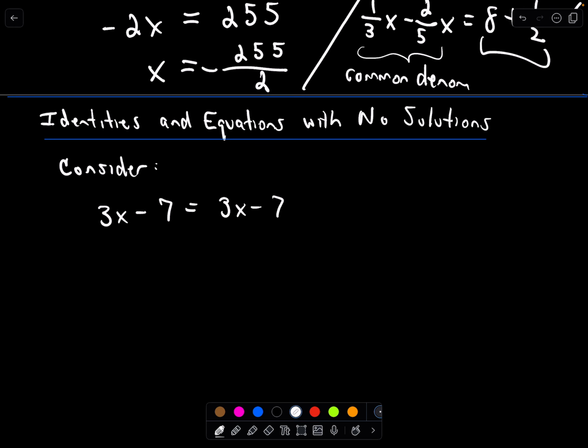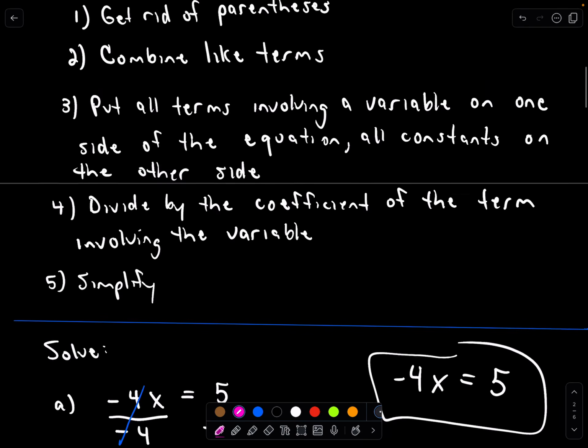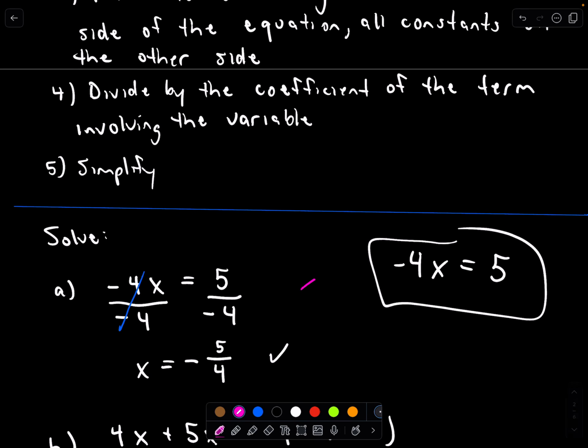So the first thing that we're going to talk about is what's known as an identity. And again, keep in mind what we're trying to do when we're solving these linear equations. For example, when we looked at this linear equation, negative 4x equals 5, we're thinking, what number can I replace the x with so that when I multiply it by negative 4, I get 5 out as a solution?